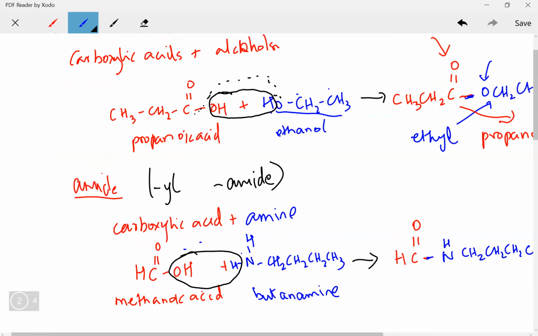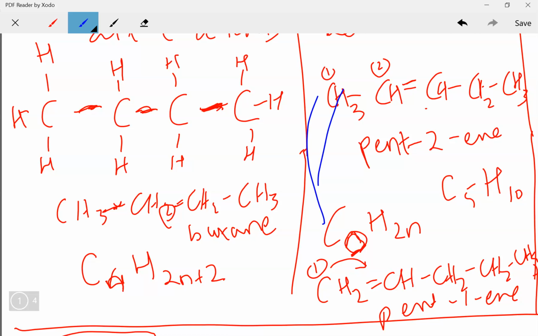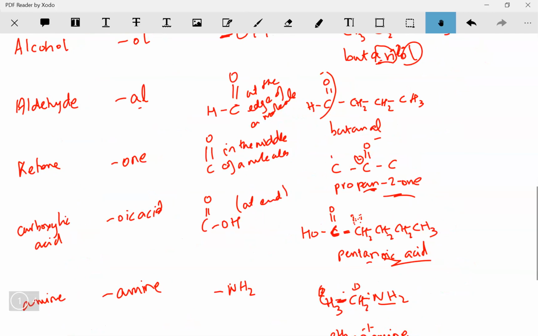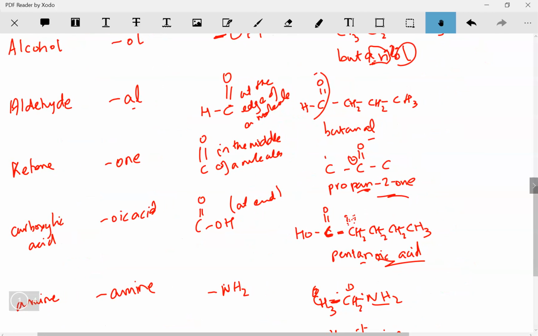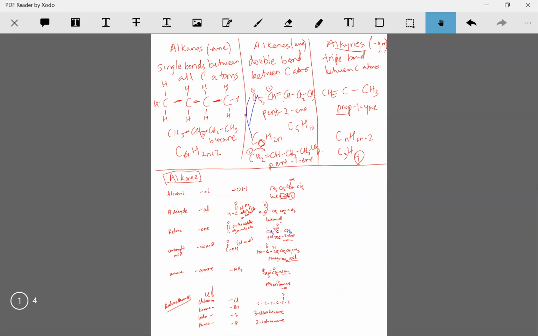Even if we go back to when we did ketones, I didn't really add the hydrogens, but look at this carbon. It has 1, 2, 3, 4 bonds already, so no hydrogens. This carbon has 1 bond, so 3 hydrogens. This carbon has 1 bond, so 3 hydrogens. You're always seeing how many bonds, and then adding the hydrogens.